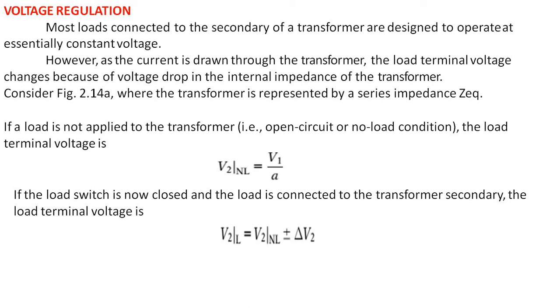If a load is not applied to the transformer, the open circuit or no load condition, the load terminal voltage is V2 equal to V1 divided by A. If the load switch is now closed and the load is connected to the transformer secondary, the load terminal voltage V2 is equal to V2 at no load plus or minus delta V2.